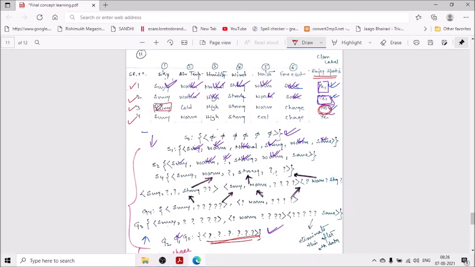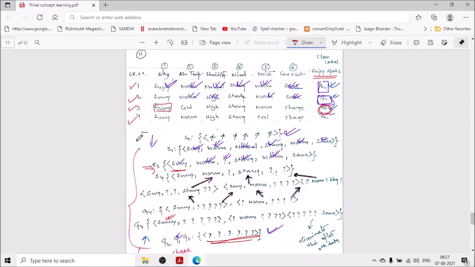So it's rainy, and here for S2 it's sunny. Both are different values. So you have to copy from the specific hypothesis, sunny, and the remaining are question marks, because it is just above the general.